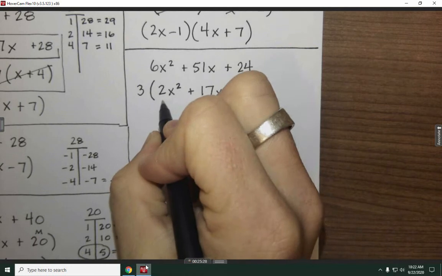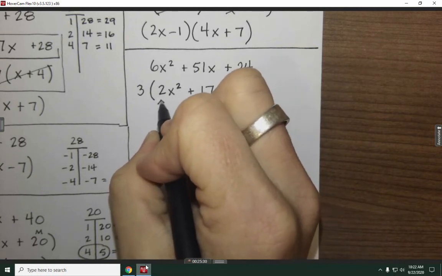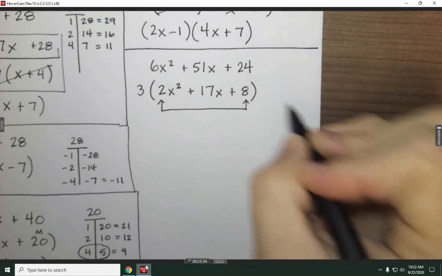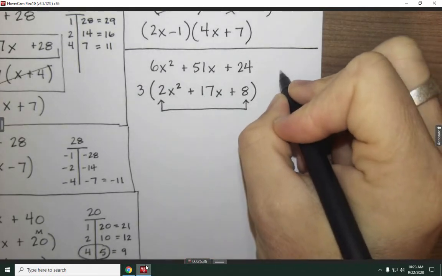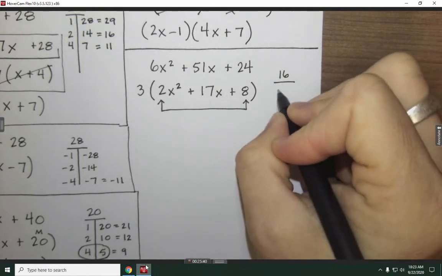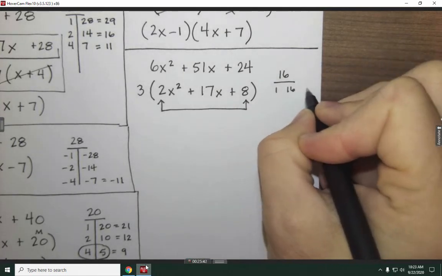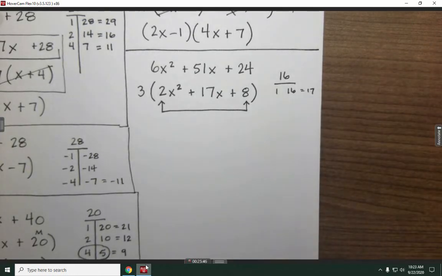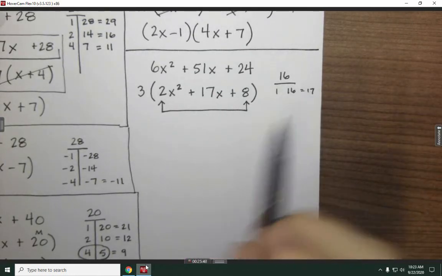So we're going to take this and multiply it by this to see if we can break apart this trinomial. This gives us 16. All these are positives. We know that 1 plus 16 gives us 17. So we found it pretty fast. So let's break this apart into 1 and 16.